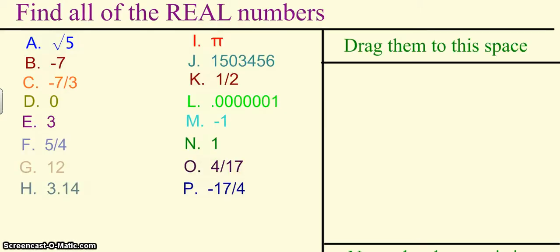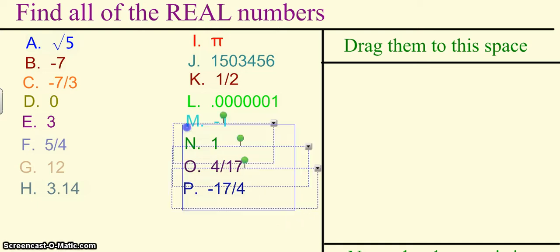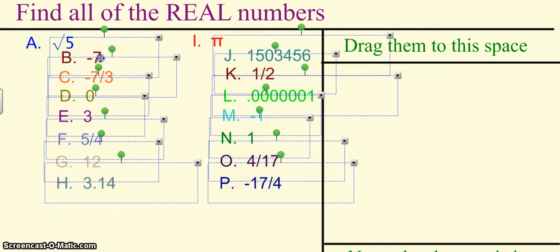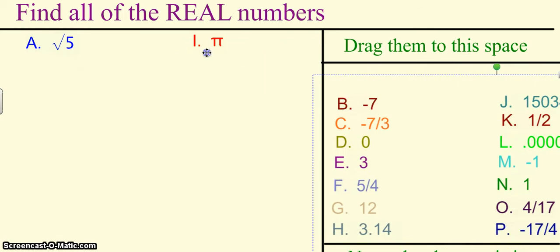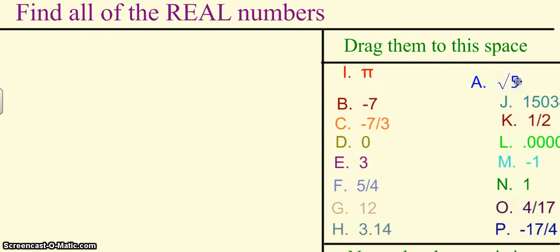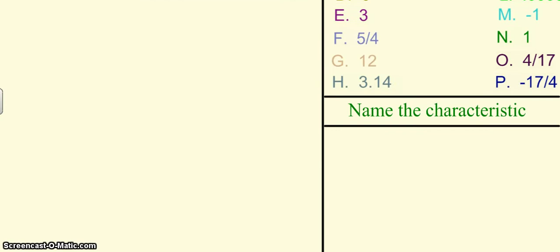Alright, so then that brings us to the set of real numbers, which is a very common domain that we talk about with functions. So all of the real numbers include rationals and irrationals. So these were all of our rational numbers. These were our irrational numbers. Therefore, all of the numbers that we have labeled A through P are considered real numbers.